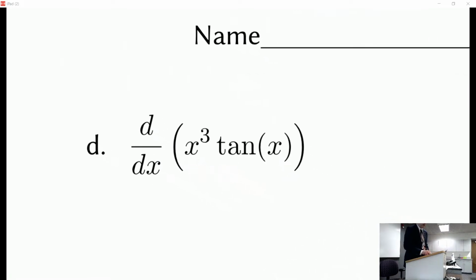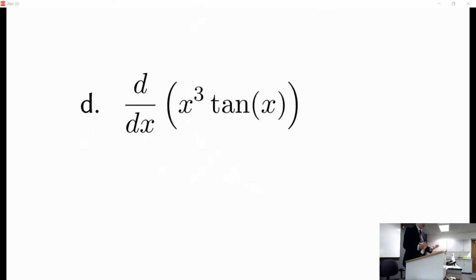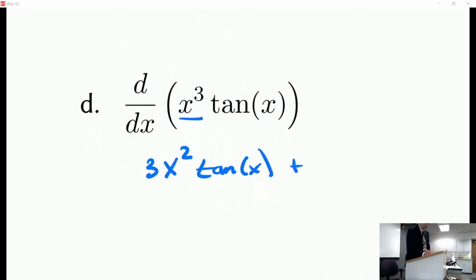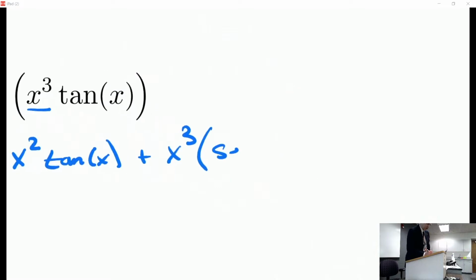Anyway, over here, product rule. I know, throwing two things at you at once, but we can do this. This will be 3x squared times tangent, that's the derivative of x cubed times the tangent, plus x cubed times the derivative of tangent, and the derivative of tangent is secant squared.